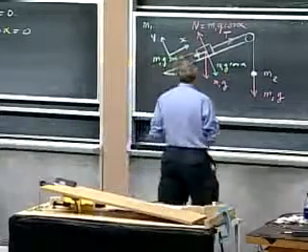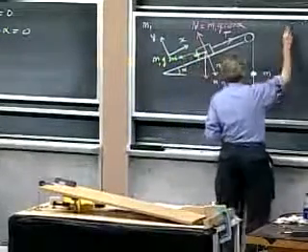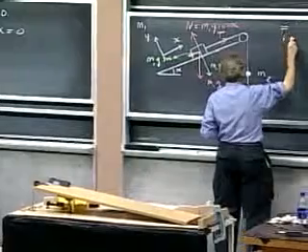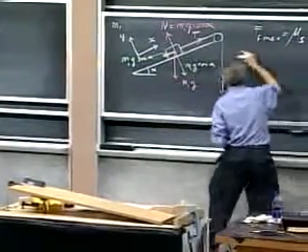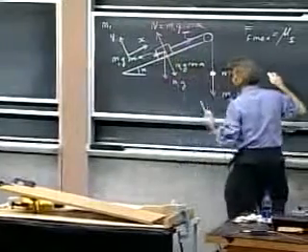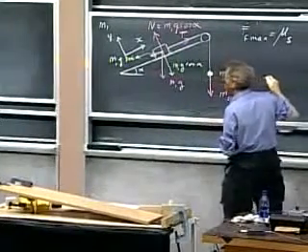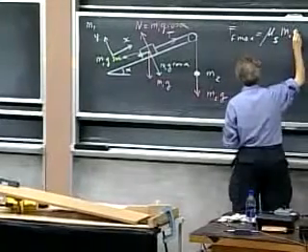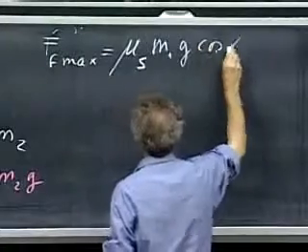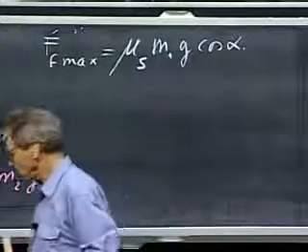The only thing I do know is that the maximum value of the friction will be mu static times n, which is what we had there. Remember, that's the maximum value that the friction can have, times m1g cosine alpha. That I know.